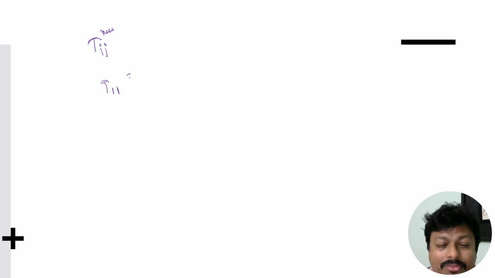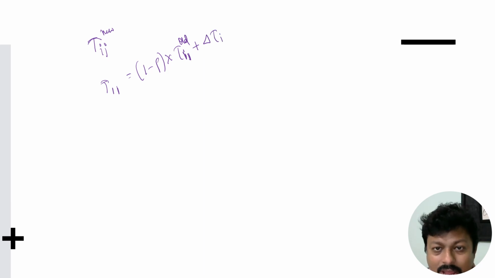What happens in the 1, 1? The formula is like this: 1 minus rho multiplied by the old tau, tau 1, 1 old, plus del tau ij, or this is 1, 1 summation, because 5 different ones will come.